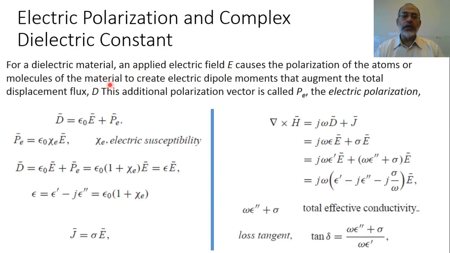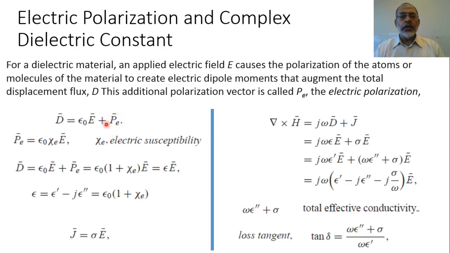This polarization creates an electric dipole moment. And this electric dipole moment changes the total electric flux density, or electric flux displacement. So the total flux density inside a dielectric material equals epsilon naught E, the flux density due to the free space, plus the polarization inside the material.